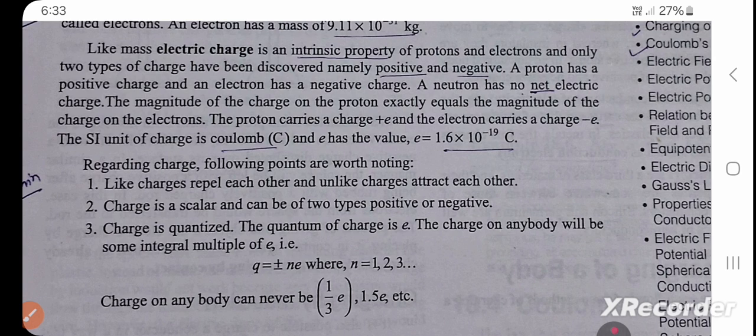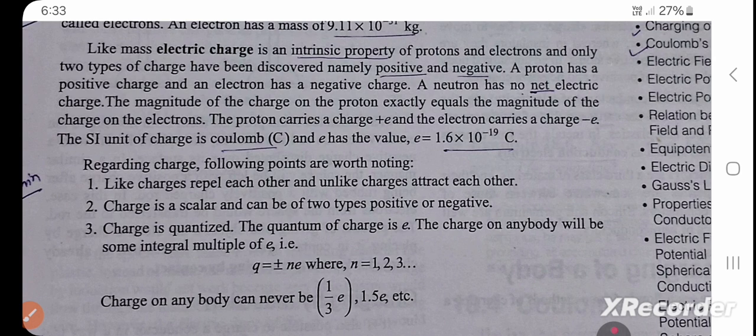There are two types of charges we are discussing: one is positive charge, the other is negative charge. A proton has a positive charge, and an electron has a negative charge. A neutron is neutral; it has no net electric charge. The magnitude of the charge on a proton is exactly equal to the magnitude of the charge on an electron.